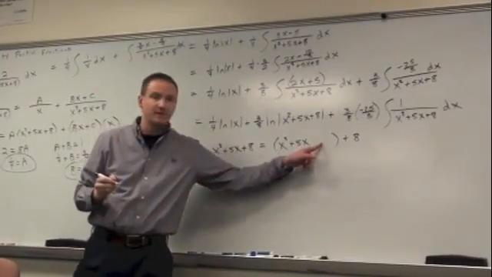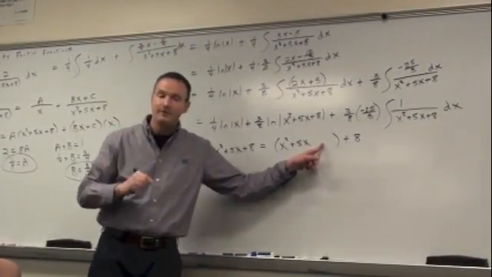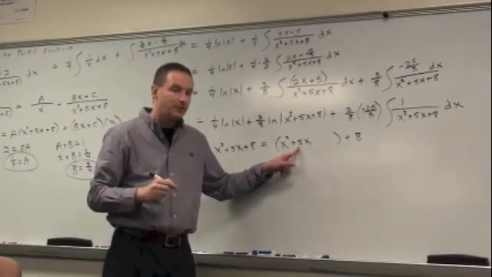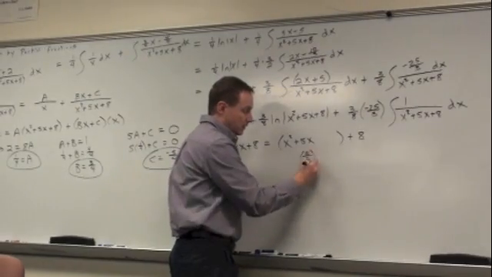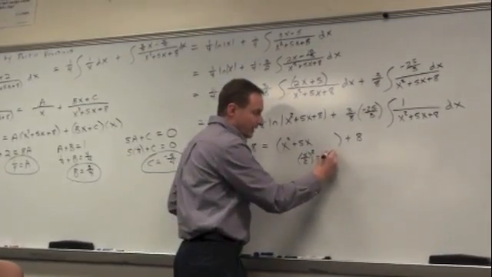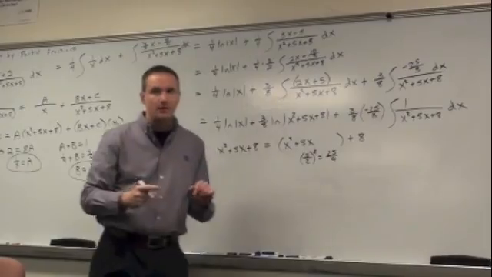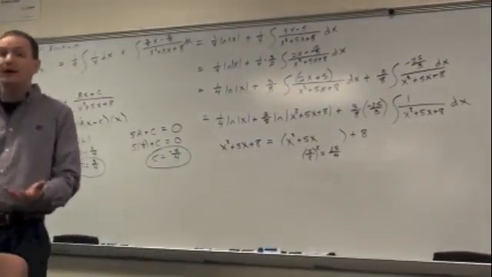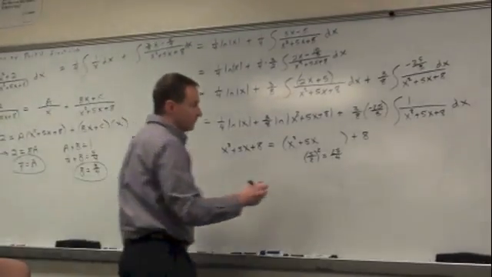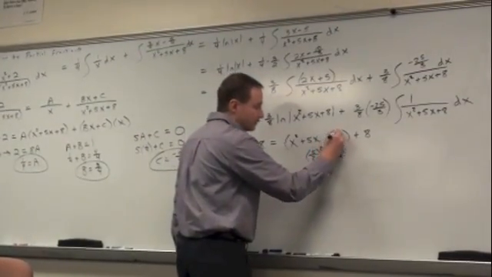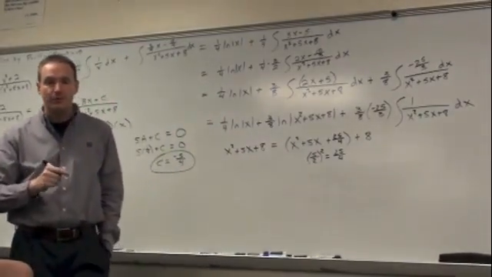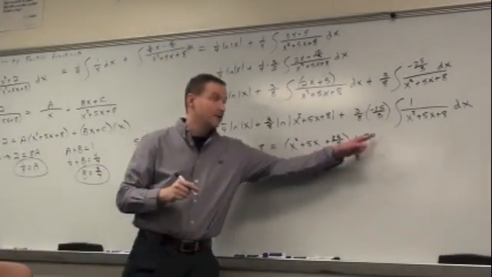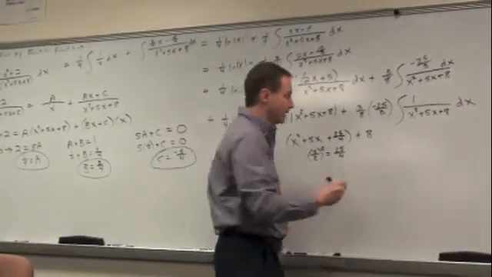I need a perfect square trinomial. Every single time it's half of the middle term squared. It's going to be 25/4. So you'll say, okay, I need to add 25/4 on the inside. If you add 25/4 on the inside, you need to subtract 25/4 out here.